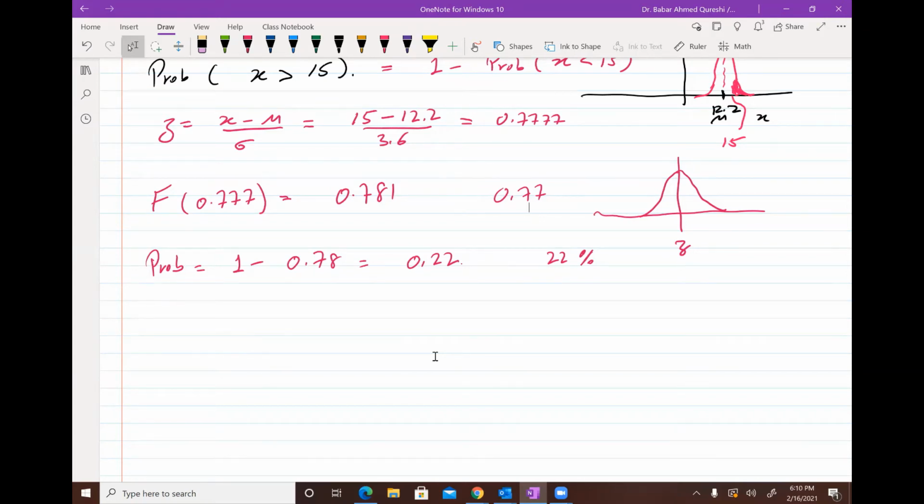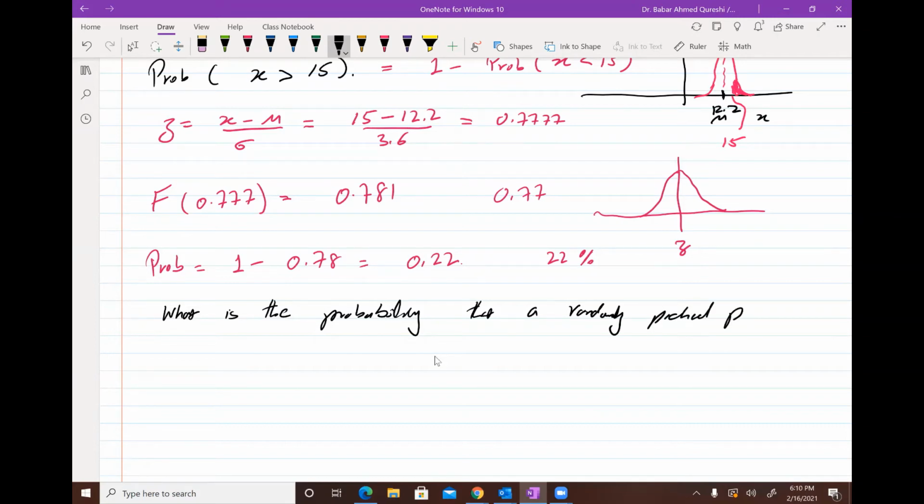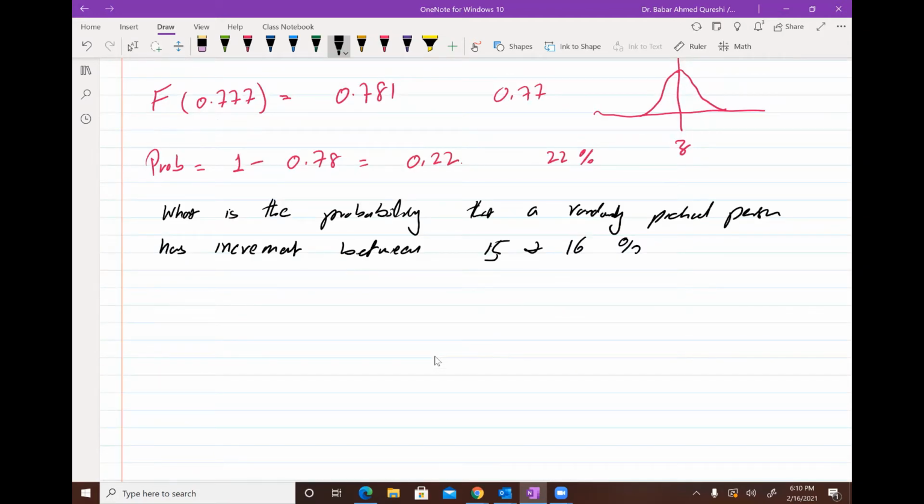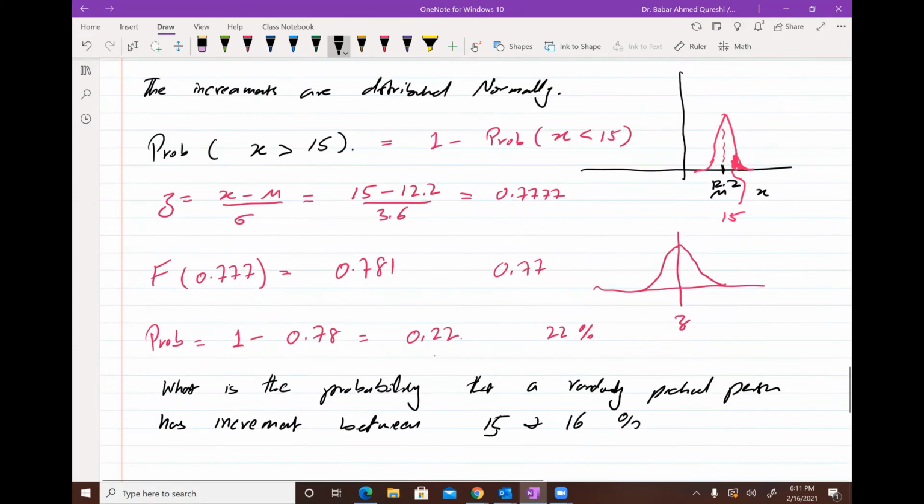Now, suppose I ask another question: what is the probability that a randomly picked person has an increment between 15 and 16%? Then you need this. In other words, you have to compute this Z. Let's say this is ZB and ZA was this one.